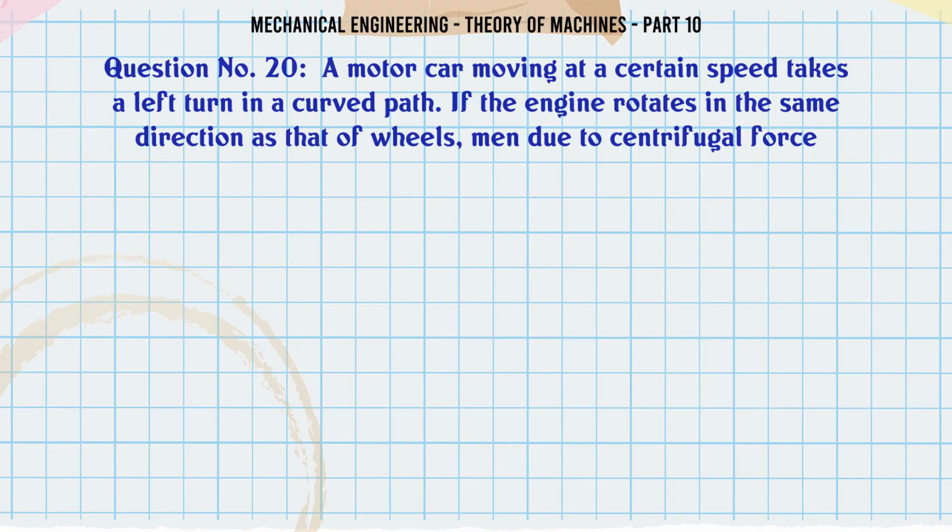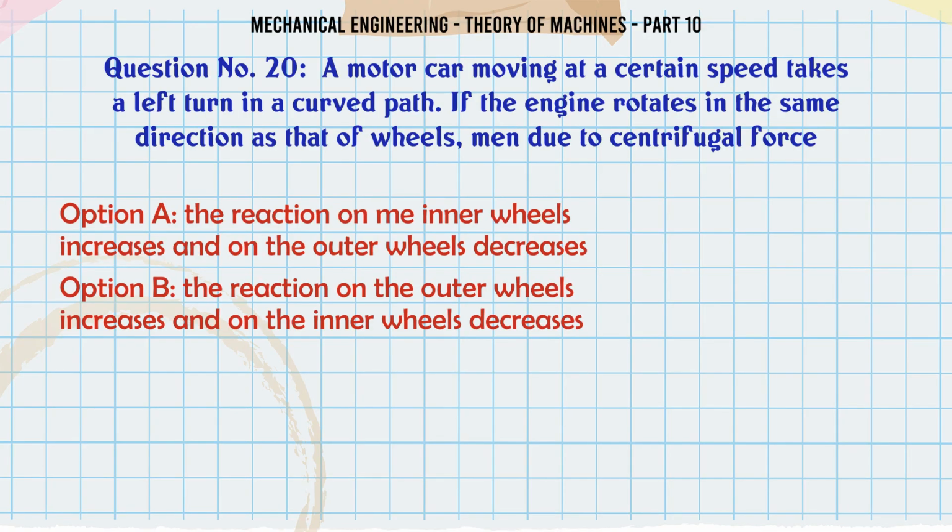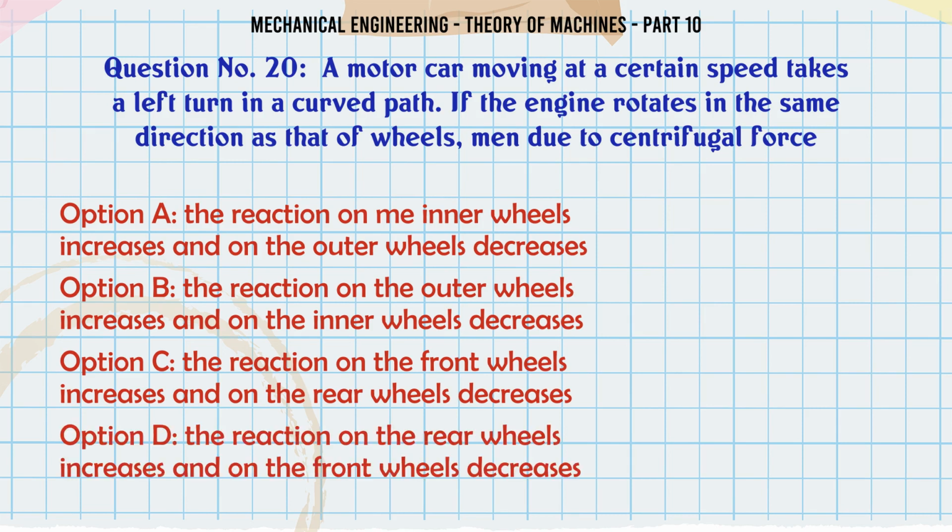A motor car moving at a certain speed takes a left turn in a curved path. If the engine rotates in the same direction as that of the wheels, then due to centrifugal force, A. The reaction on the inner wheels increases and on the outer wheels decreases. B. The reaction on the outer wheels increases and on the inner wheels decreases.